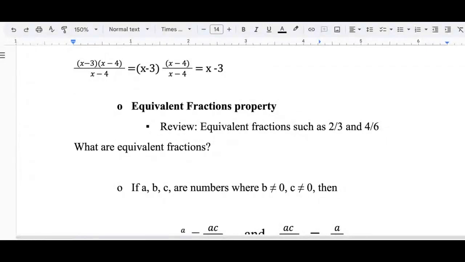A term is called equivalent fractions. It means if we simplify the fractions to their simplest form, they have the same form, like 2/3 and 4/6. Right? 4/6 can be simplified to be 2/3.